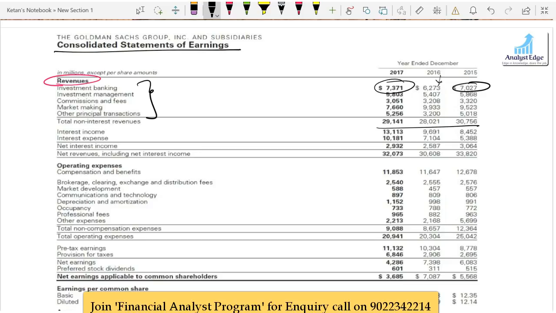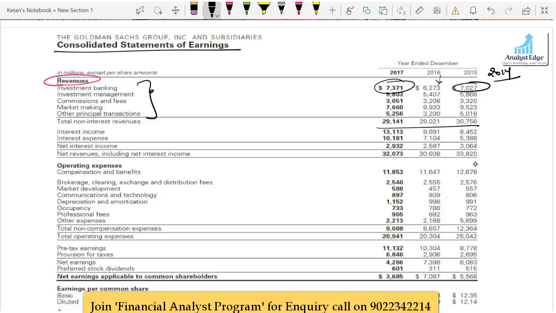It's marginal, by the way. We really don't know what was there in 2014, but for the last 3 years, I think they've been doing okay. So investment banking has been around the same figure of 7 billion, which is okay.